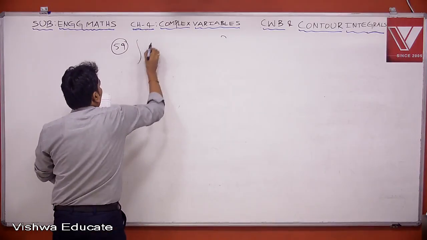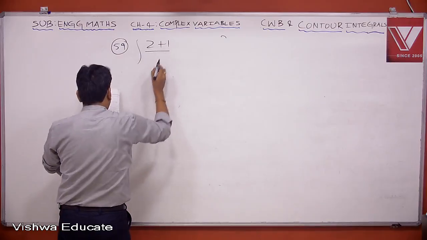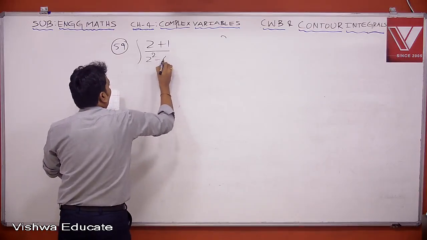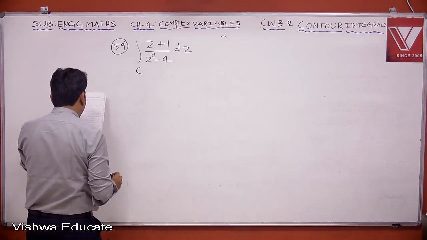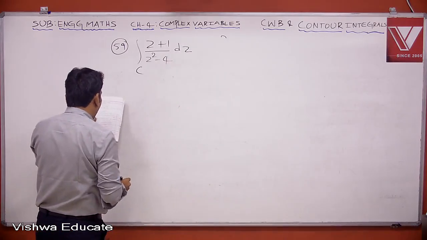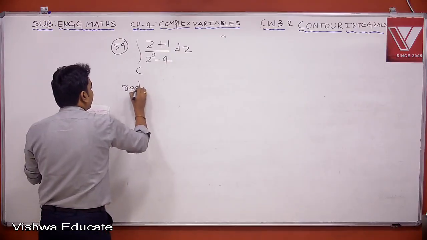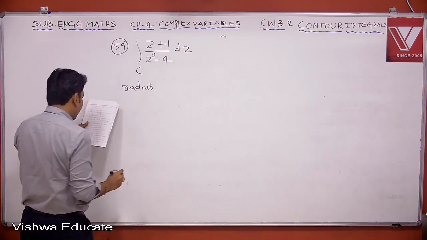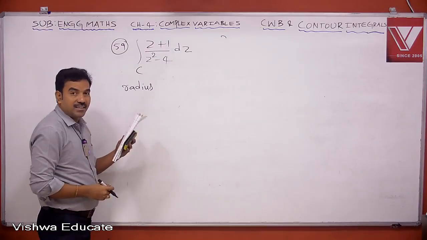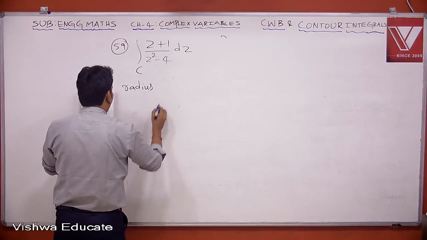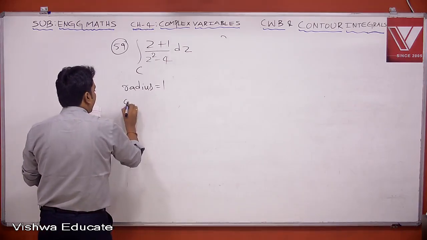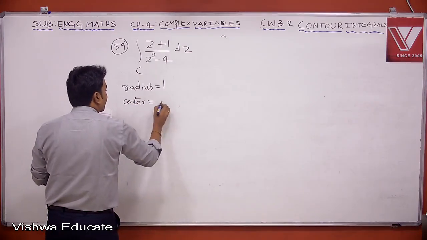Integral of z plus 1 divided by z square minus 4 dz over C, where C is a counterclockwise circle of radius 1. See here, C is counterclockwise, not anticlockwise. Counterclockwise circle of radius 1 and center equal to minus 2.